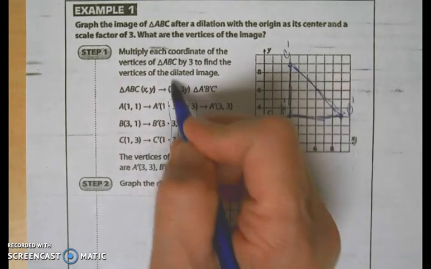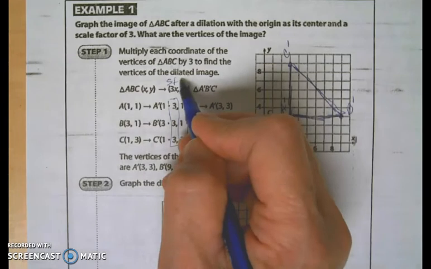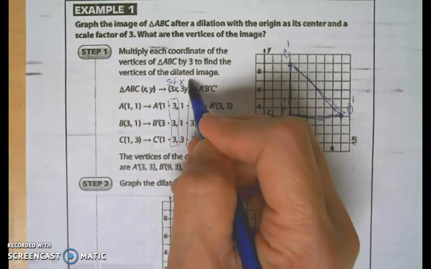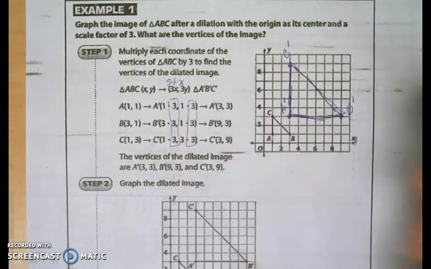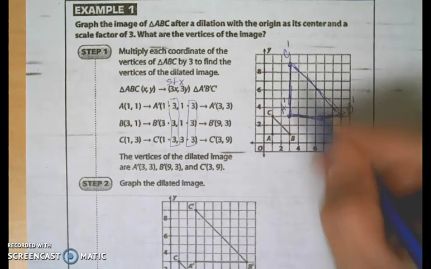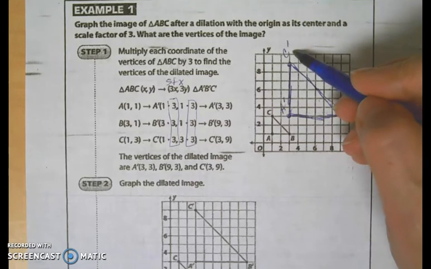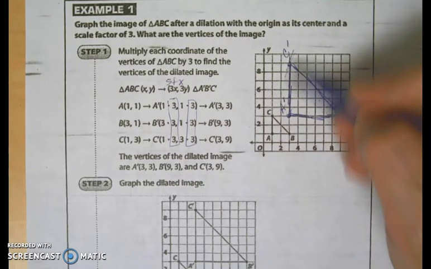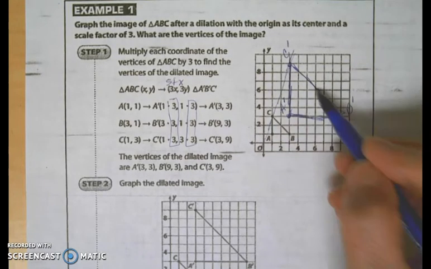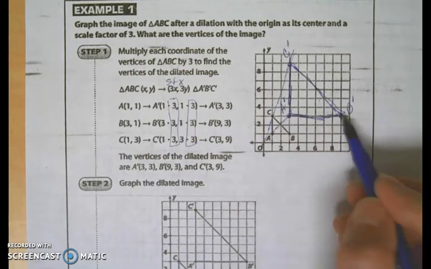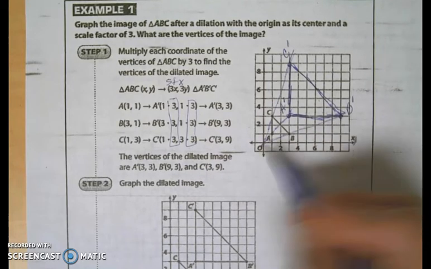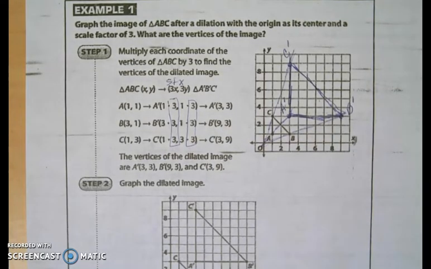Remember, when your scale factor is greater than 1, we're going to get much larger. Remember to always label your new points, and always make sure that when you connect your new points with your old points, they should all come and meet at the same place. That's a way to check and make sure you did your scale factor correctly and graphed correctly.